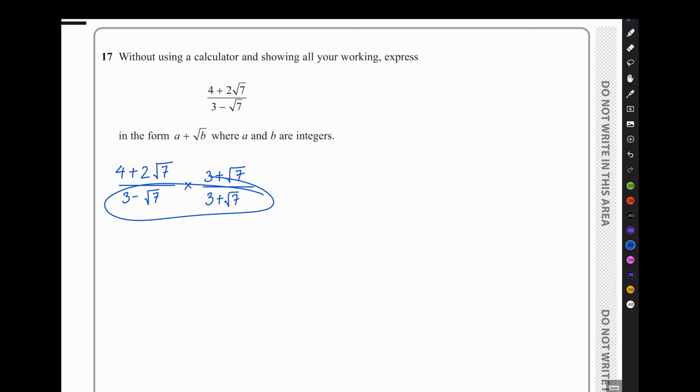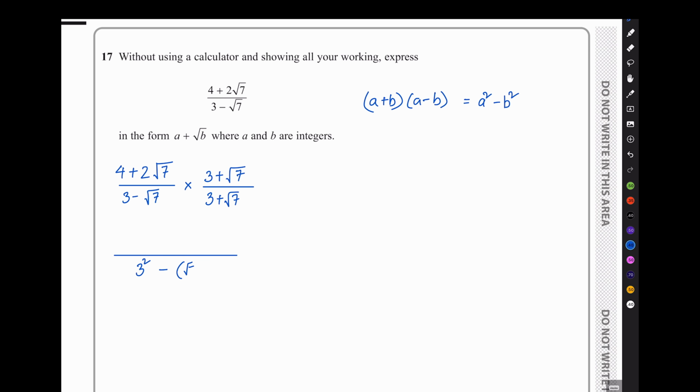Now you can clearly see the denominator is basically (a plus b) times (a minus b), which we already know is a squared minus b squared. So a is 3 squared minus b squared, which is square root of 7 squared. At the top, it is 4 plus 2 root 7 multiplied by 3 plus root 7.